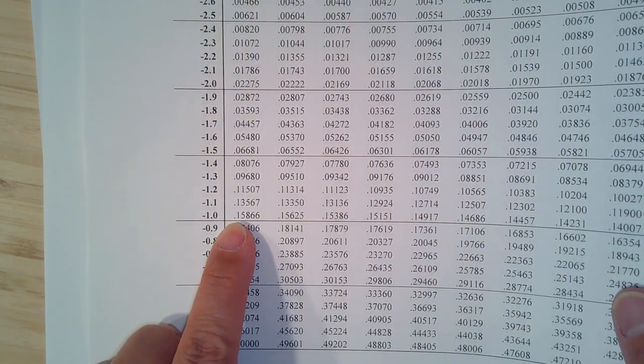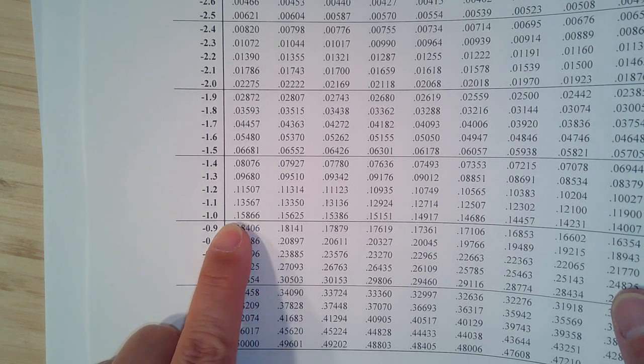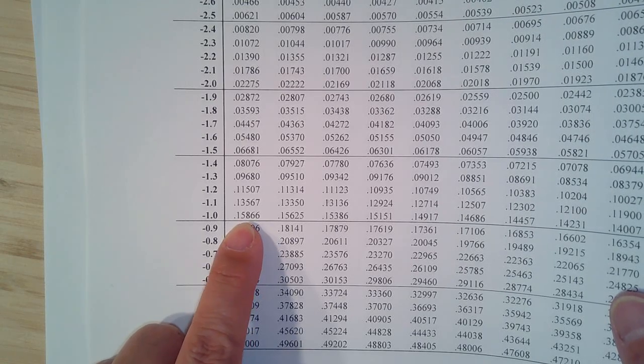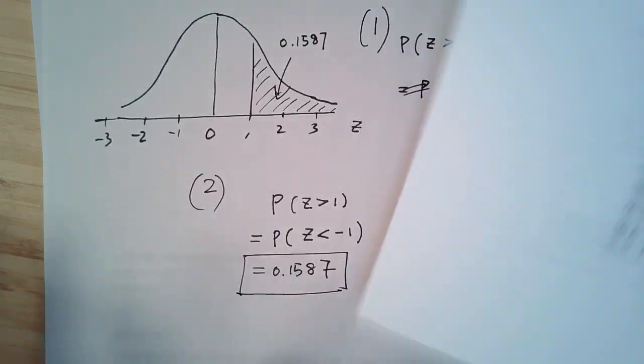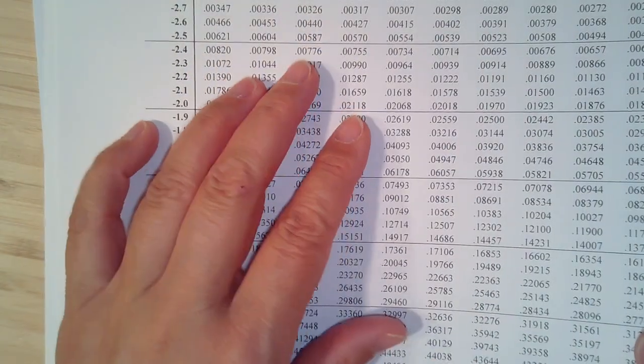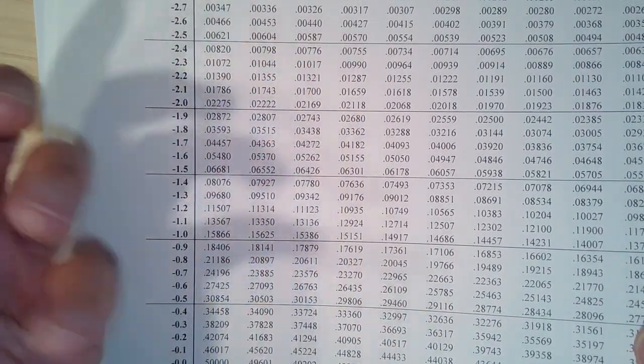We get 0.15866 because that has 5 decimal places. So either way, you can just round it to 4 places. So you should have 0.1587, and that happened to be the same answer. This one I just downloaded from the internet. It's very, very easy to use. It's the same thing, and this font is much easier to read.